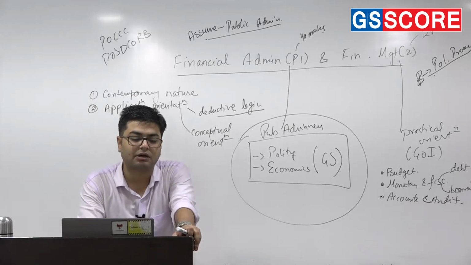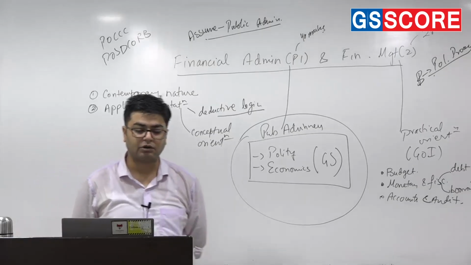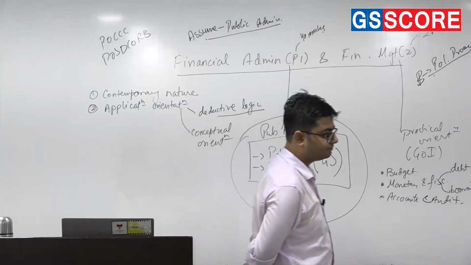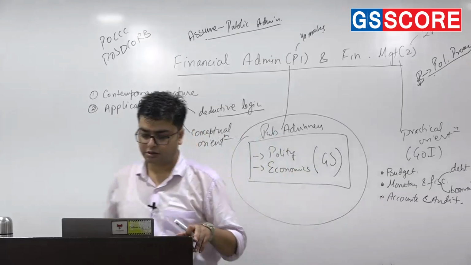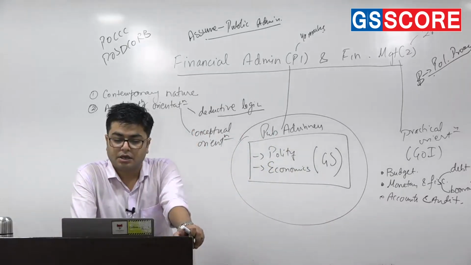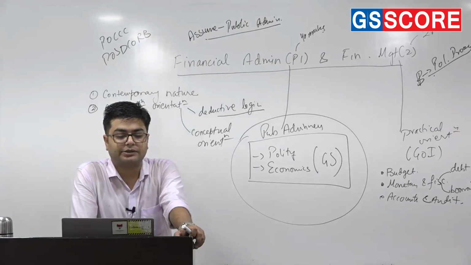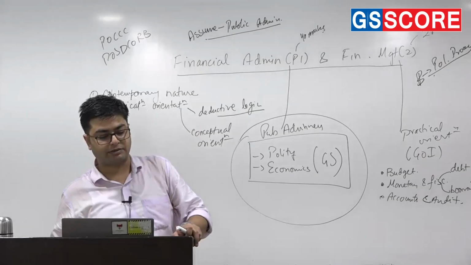2017, just a 10 marker. The office of CGA, Controller General of Accounts, is expected to strengthen public financial management system in India. Simple. Straight from your notes. Next, 2018, 20 marks. Gender budget requires rethinking beyond allocations to become a powerful tool of gender mainstreaming.